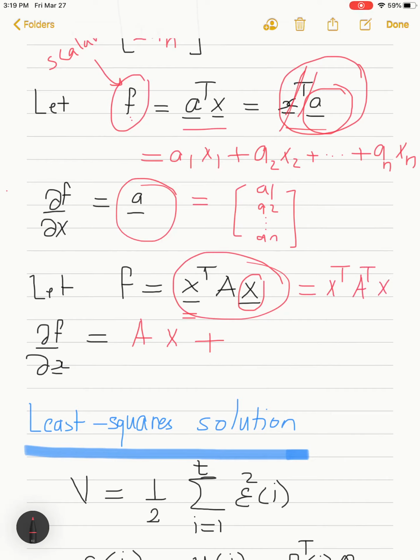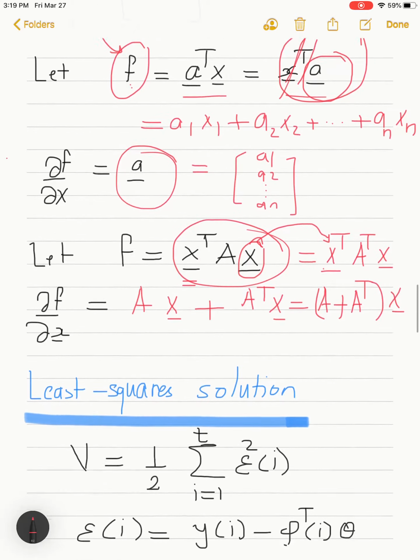So I moved that x here. The result would be A transpose x, and that will lead to A plus A transpose times x. So this is the result of differentiating the quadratic term.